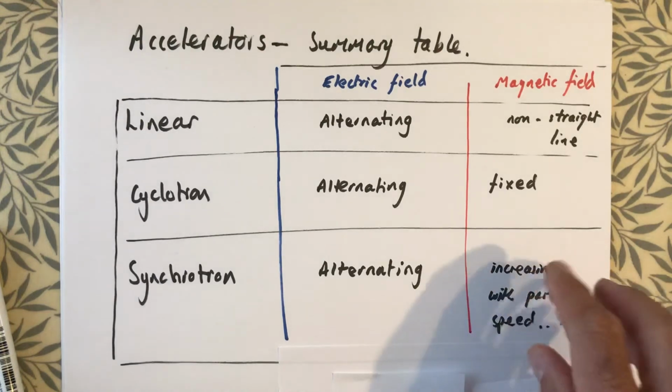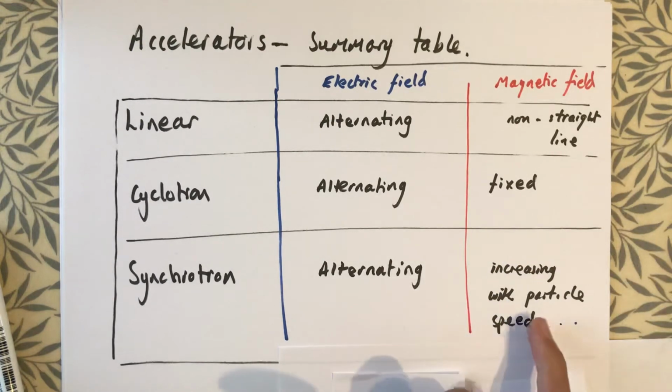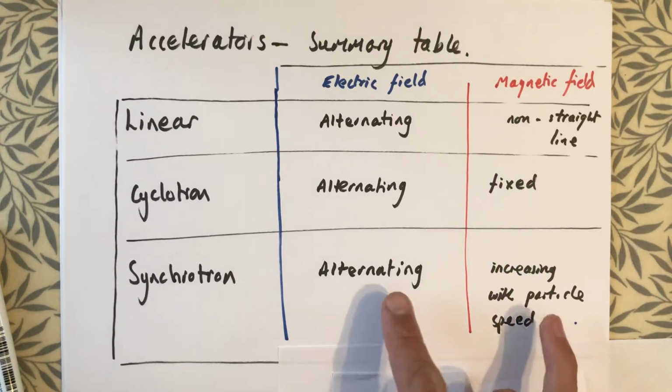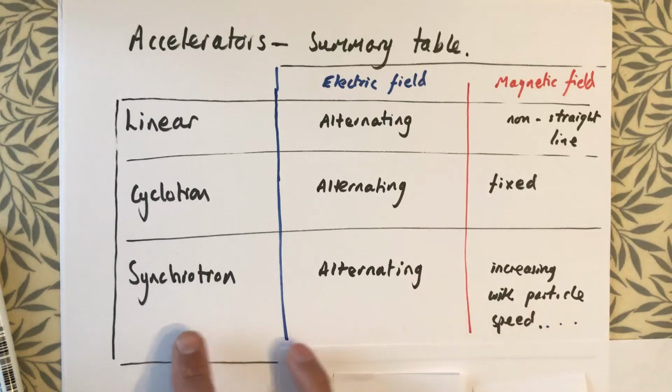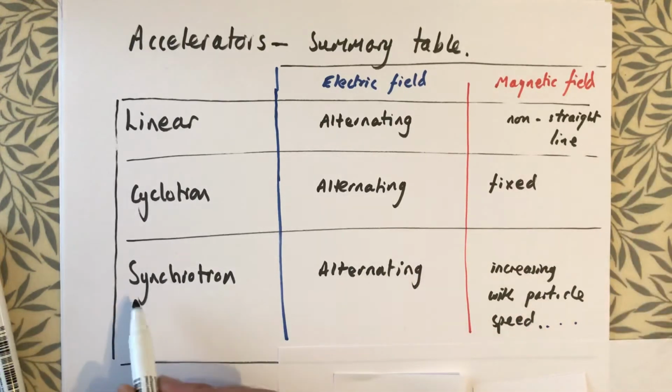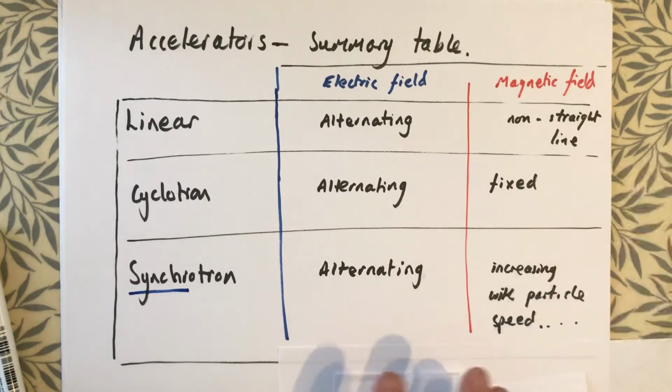That's significantly different to the other ones. This needs to be synchronized with that and with the particles, and that's why it's a synchrotron. There's a lot more things to organize.